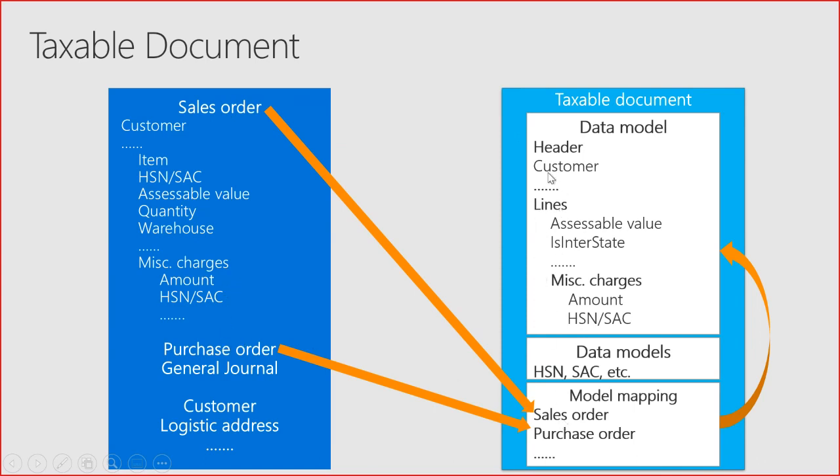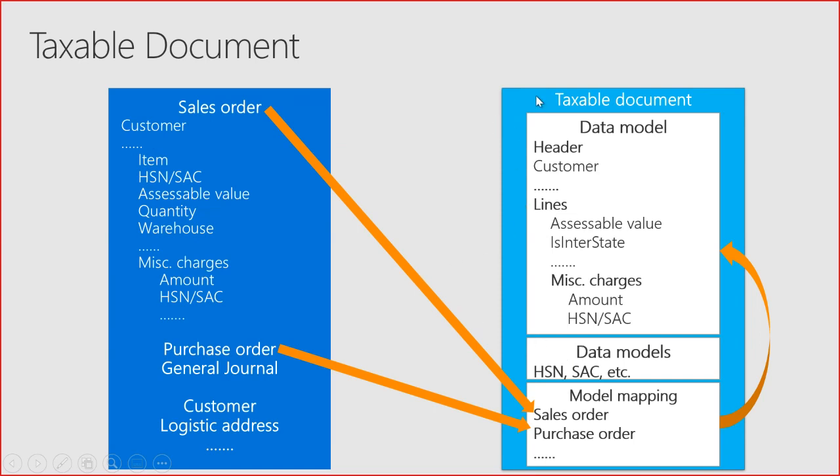So you can imagine there is a mapping between the sales order customer and the data model header customer, and also a mapping for sales order line accessible value and data model line accessible value. So this is a model mapping. And then we have several other data models, which we call reference models, which are used for tax setup. I will explain it in detail later.